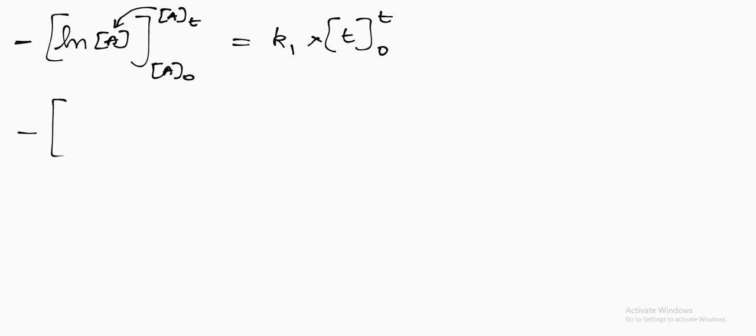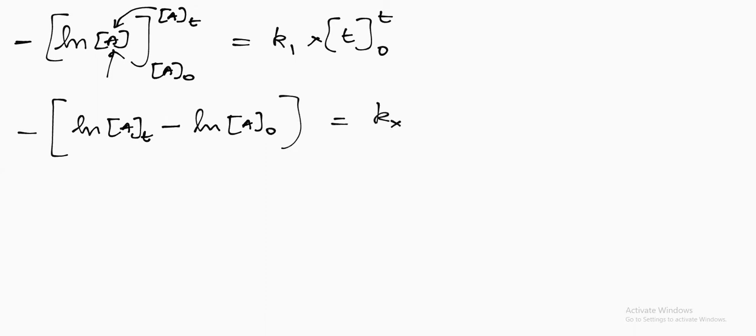So first I'll put the upper limit in the place of A. I'll keep this minus sign as such. I'll get ln At. Then before putting the lower limit, you should put a minus sign, then in the place of A, you put A naught, the lower limit. Equal to K1 into, in the place of t, the upper limit is t only, lower limit is 0, so you need not write that.